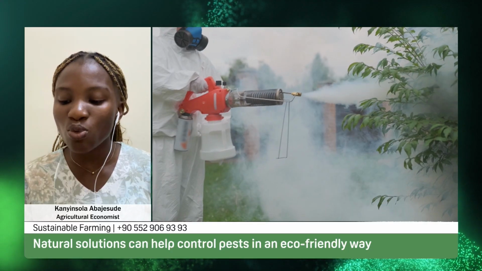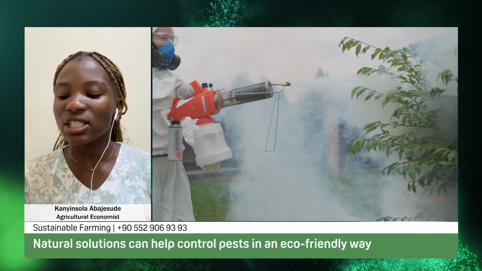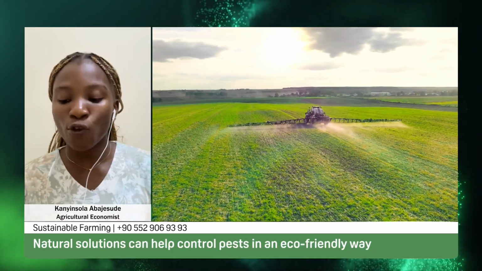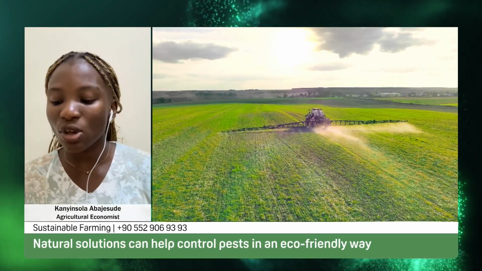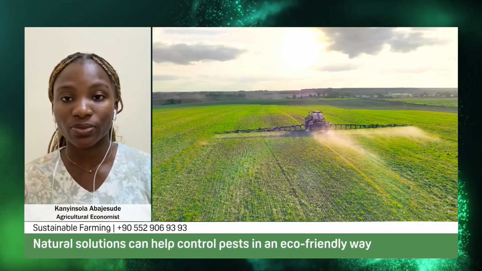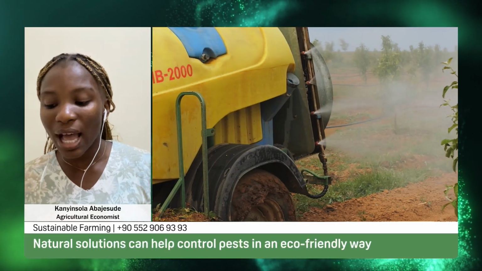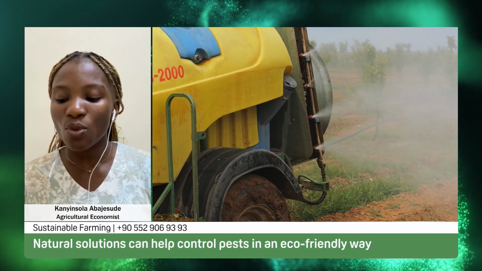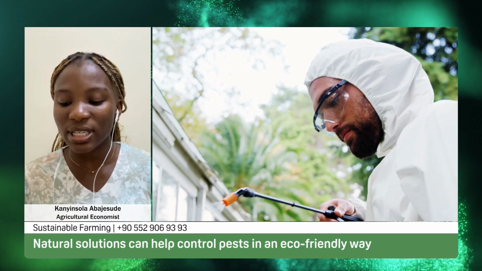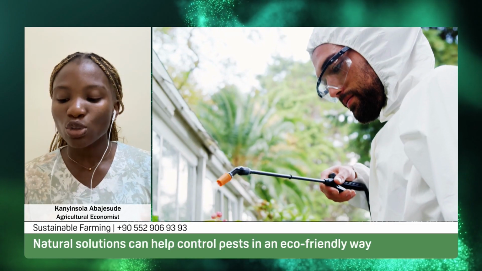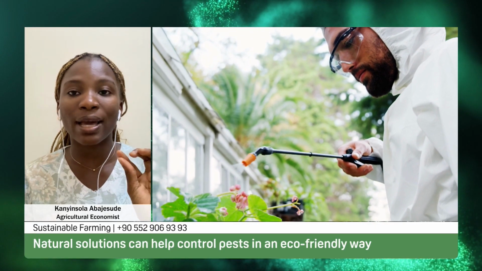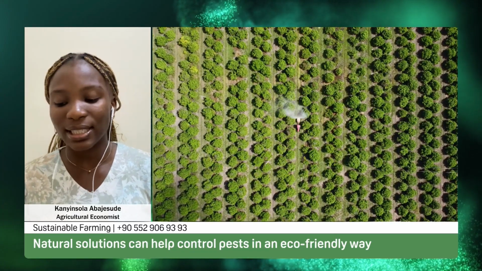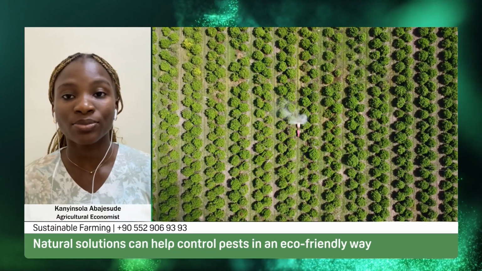Also, ash or wood ash dusting is very effective based on research for weevils and soft body pests. Also, soft solutions like mild detergent kill soft body insects like white flies.